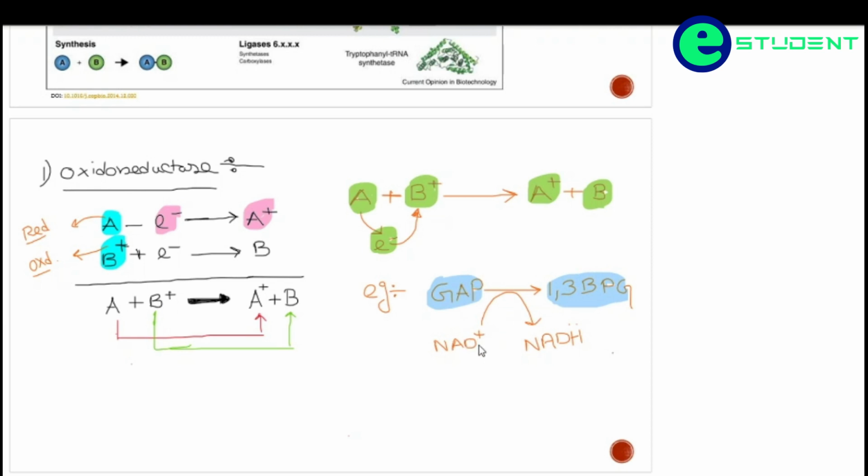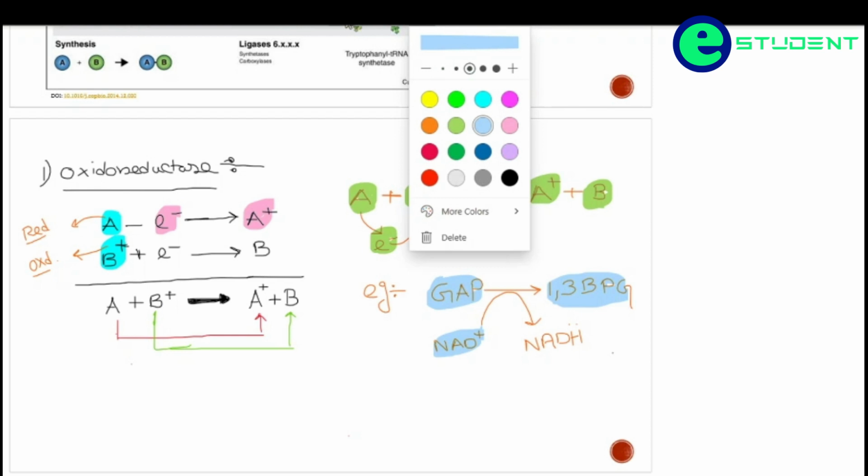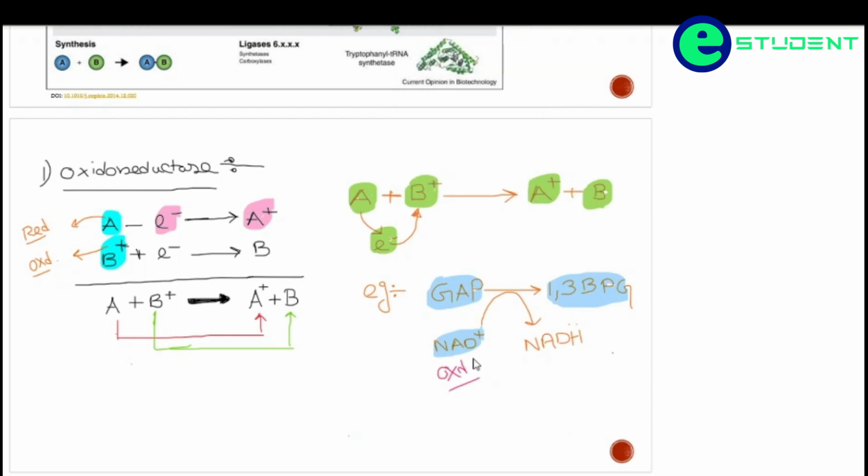Here NAD plus, which was in an oxidizing condition, and GAP, which before the reaction was in a reducing condition, now by taking the electron left by GAP, NAD plus is converted into NADH, whereas GAP is converted into 1,3-bisphosphoglyceric acid.